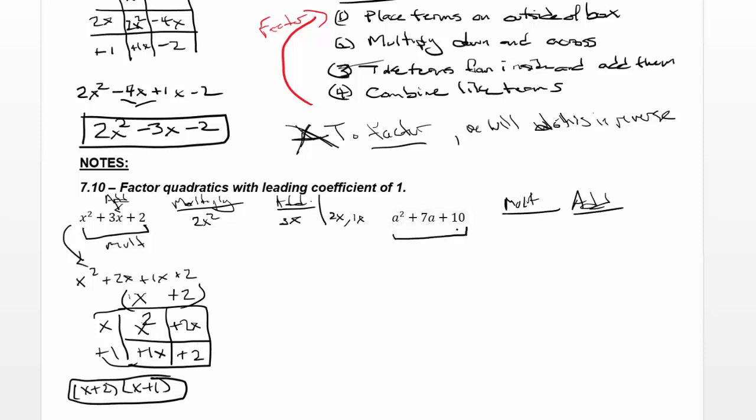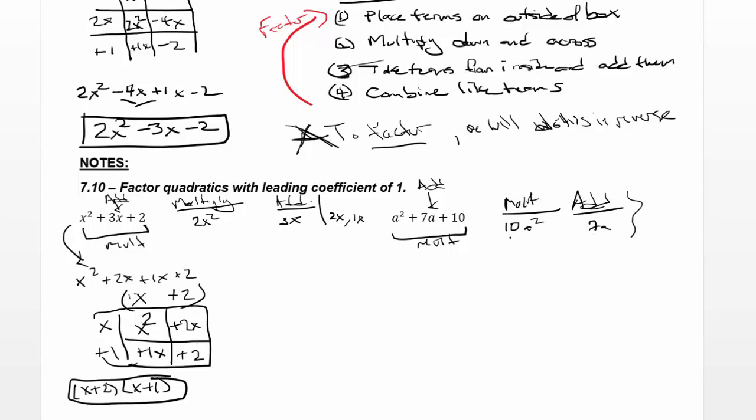The multiply is what I get when I multiply the outside terms. So that's 10 times a squared. The add is the middle term, and that is 7a.